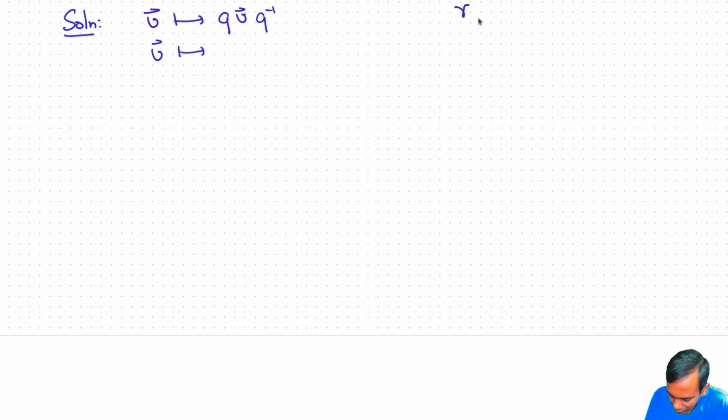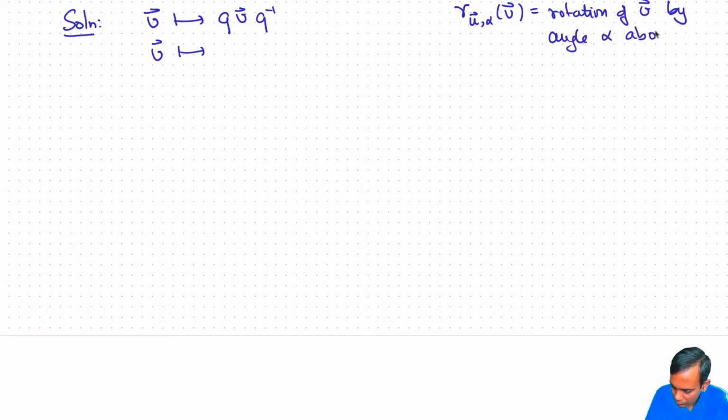Let's take R_u,alpha of v to denote the rotation of v by angle alpha about u, as given by the right hand screw rule, of course.